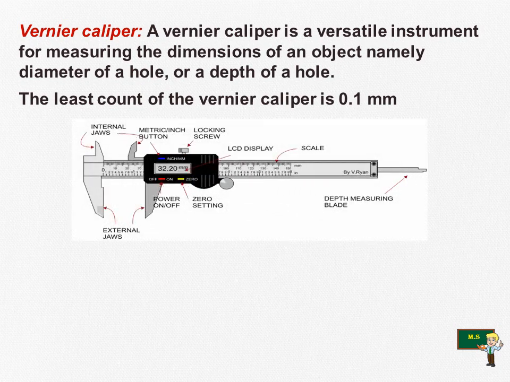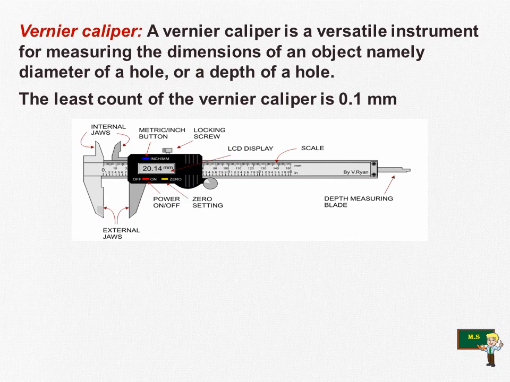This is the vernier caliper. You can see the working of the vernier caliper here. These are the internal jaws and these are the external jaws. This is a metric inch button and this is a locking screw. You can lock as we do in the screw gauge. Then power on off.